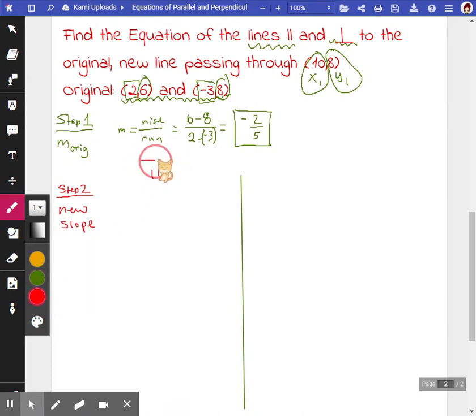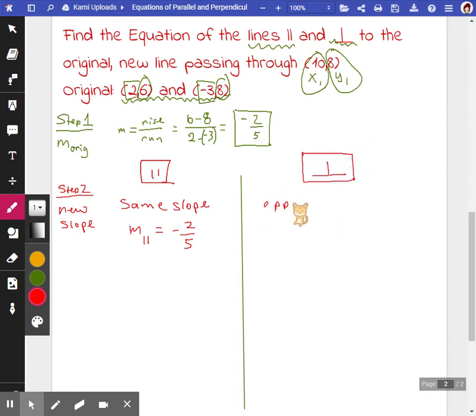So for the parallel line, it's still -2/5. For the perpendicular line, it's going to be the opposite reciprocal.